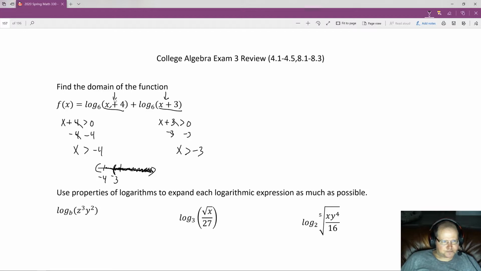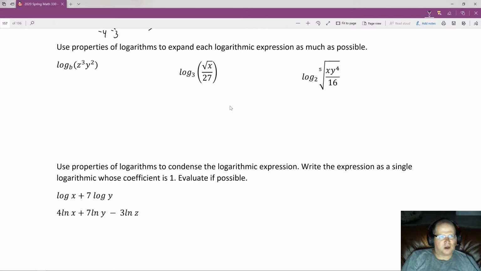That's okay. Use the properties of logarithms to expand each logarithmic expression as much as possible. Now, these are actually two different factors. One of these factors is z to the third, and one of these factors is y to the second. Whenever you have two factors, or however many factors, you can rewrite those with the same base, but added together.